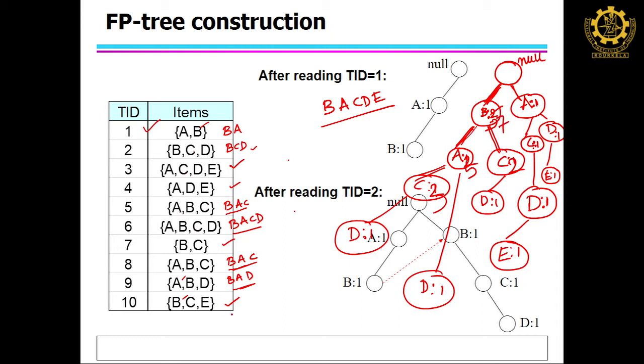Then B C E, this is B, then C is not there, right. So, then B C, and then you have to find a path, let us say this is E, and this will be incremented 3 and this will be 8.